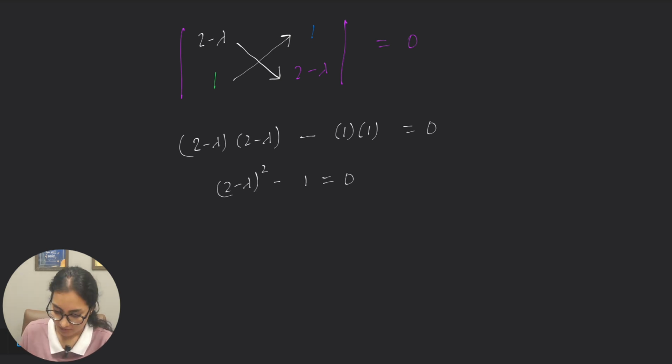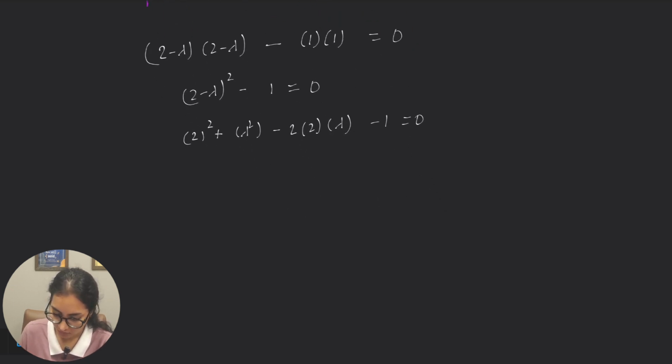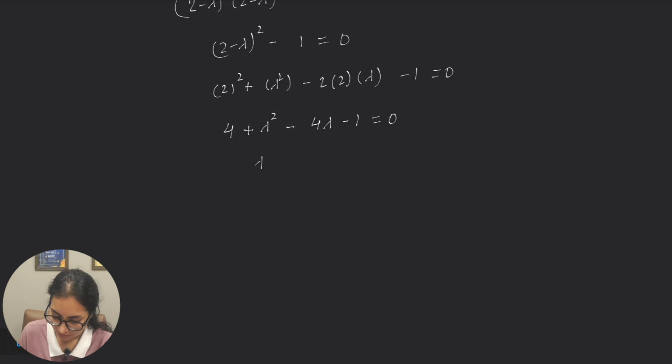To open (2 minus lambda) square, a square plus b square minus 2ab, minus 1 equals 0. This will give me 4 plus lambda square minus 4 lambda minus 1 equals 0, and rearranging this equation would give me this.